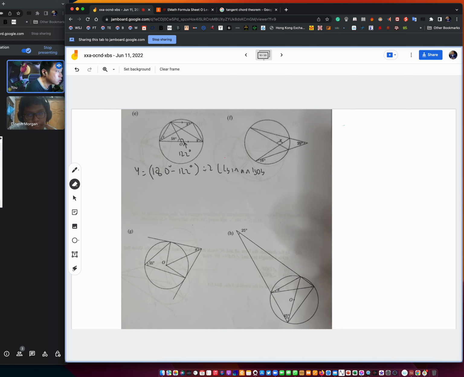This is angle on a straight line, y is equal to 180. Yes, isosceles, this is very common. So you always identify the radius. This one is same segment.